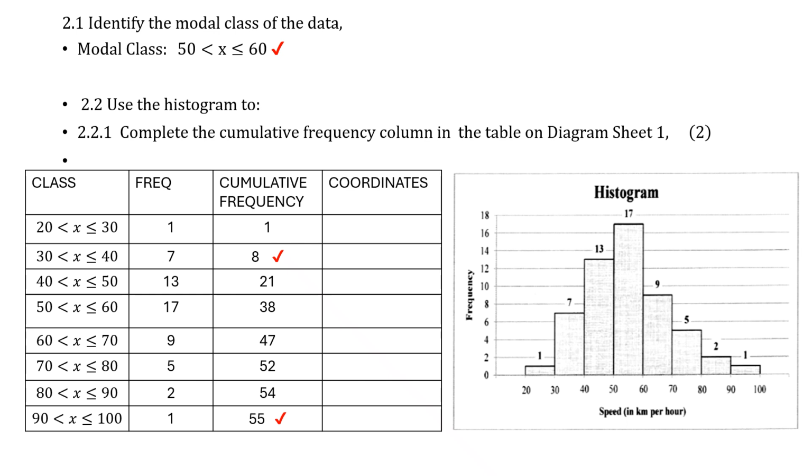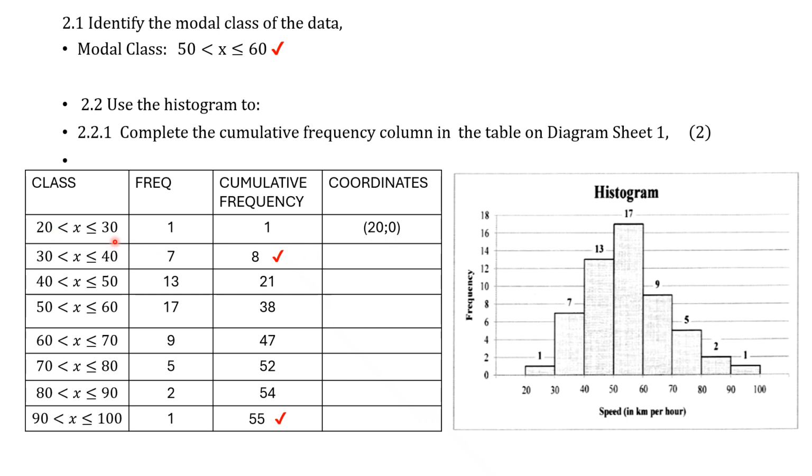Now for my coordinates, remember, for coordinates the graph must be grounded. So x starts at 20 and the y value is always 0. If I draw an ogive, this graph would be grounded at 20 and 0.